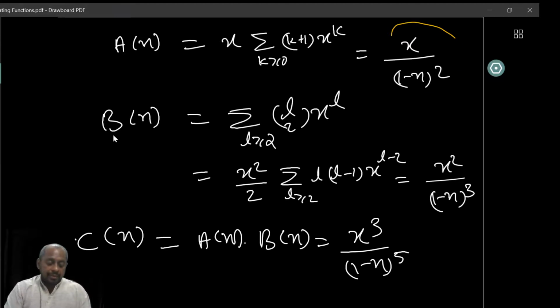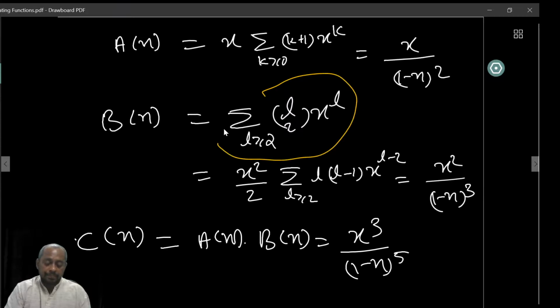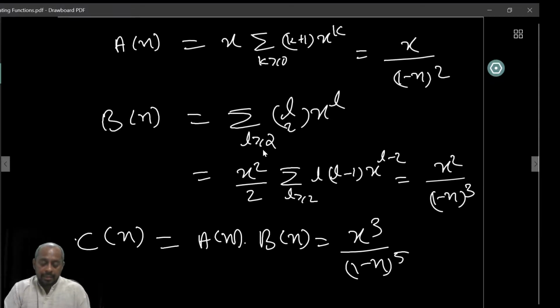Then b of x is basically the summation of L choose 2 times x raised to L. And I take, let's say, x squared outside, right? And the 1 by 2 from here, L into (L minus 1) by 2. So if I take it outside, I will get the summation over L greater than or equal to 2 of L into (L minus 1) times x raised to L minus 2.